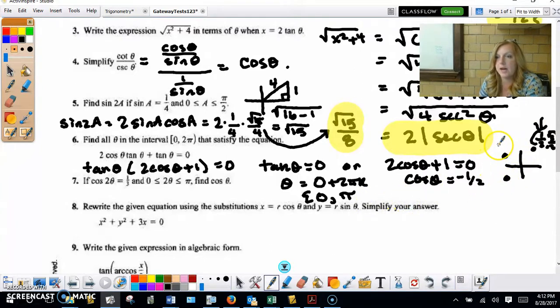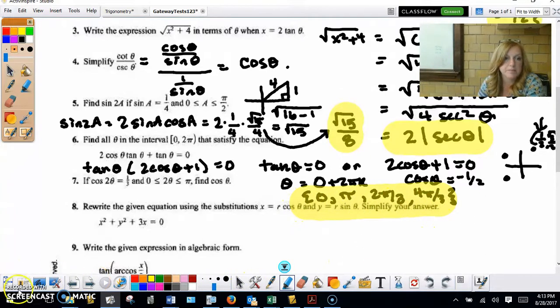So I'm doing pi minus the reference angle and pi plus the reference angle. Pi minus would be 2 pi over 3, and pi plus would be 4 pi over 3. And then those are the answers because they wanted between 0 and 2 pi.